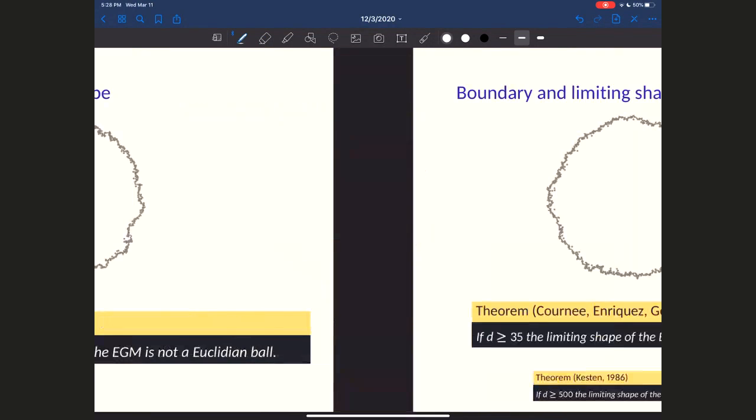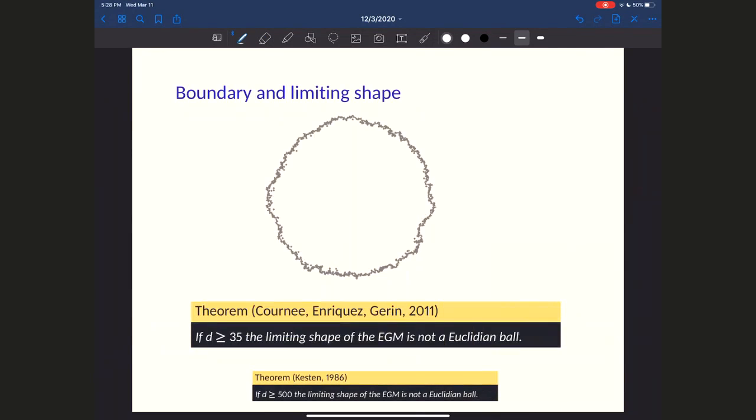But then in 2011, Cannon, Enriquez, and Guérin proved that if the dimension is less than or equal to 35, then the limiting shape is not a Euclidean ball. And to my knowledge, this is the latest result on this. And of course, for d equals 2, it is an open problem. We don't know if the limiting shape is a ball or not.